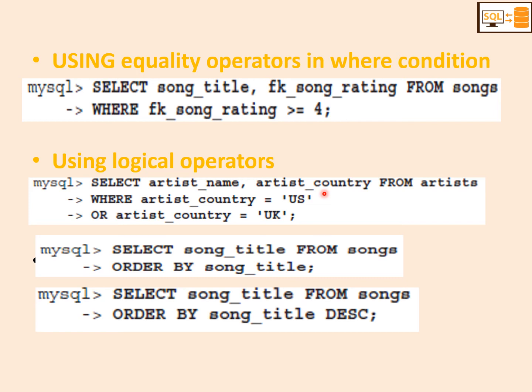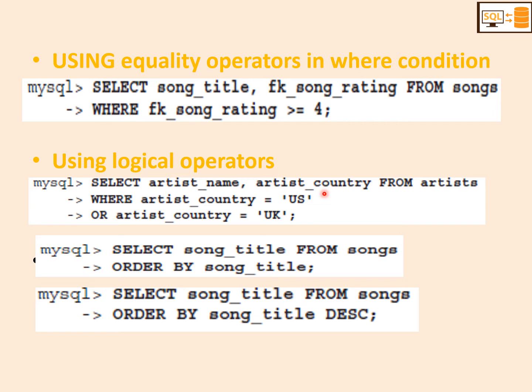In this select query, we have to select the song title from the songs table, where the song titles should be ordered by the field song title. That means we extract the titles from the songs table, and they should be arranged in sorted order.